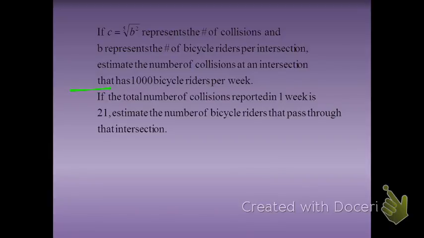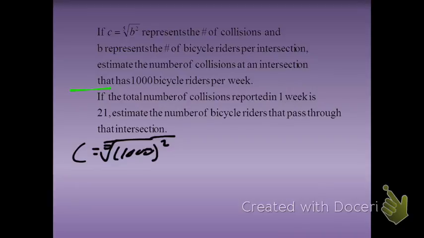So the first problem is pretty simple. It's saying 1,000 bike riders. We know that b is our bike riders, and we're trying to solve for c. So c equals the fifth root of 1,000 squared. This is where, like I showed you earlier, your calculator can come in handy.